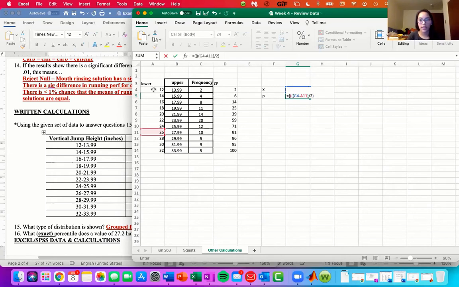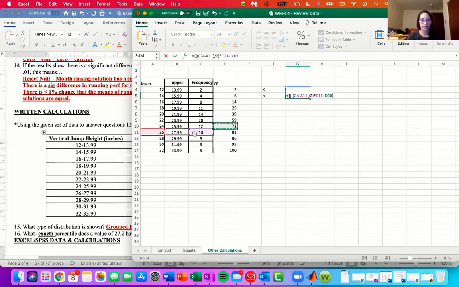And then what comes next? Times the frequency. Okay, which is 10. And then we add the cumulative frequency of the group worse than where our X value is located. So that would be where 71 is, right?